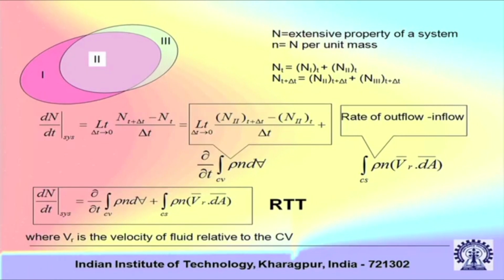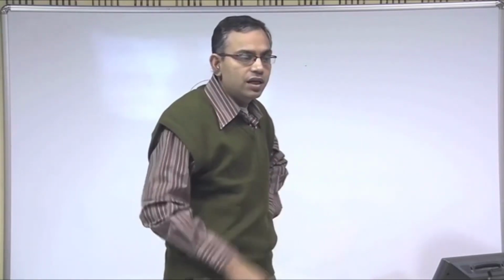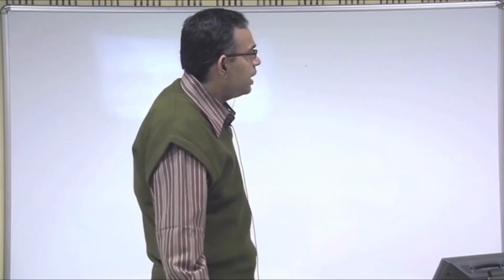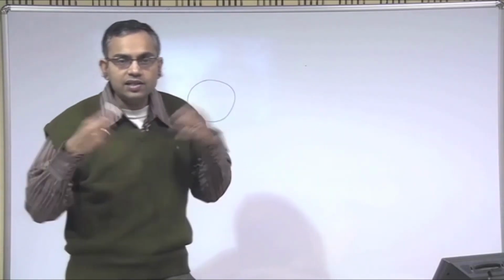If delta t is small, the differences in the configuration are not that large, but we have magnified it in the diagram to make the system configurations distinctly looking in the figure at time t and t plus delta t. So let us say that capital N is an extensive property of the system. Extensive property means a property that depends on the extent of the system.